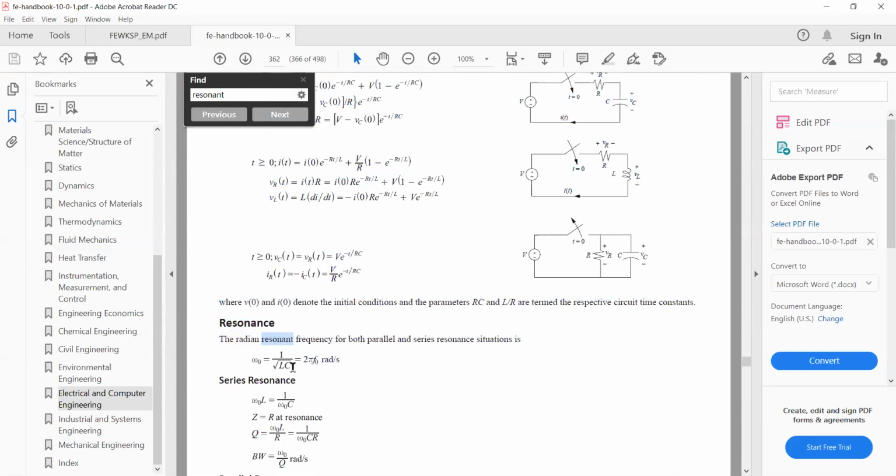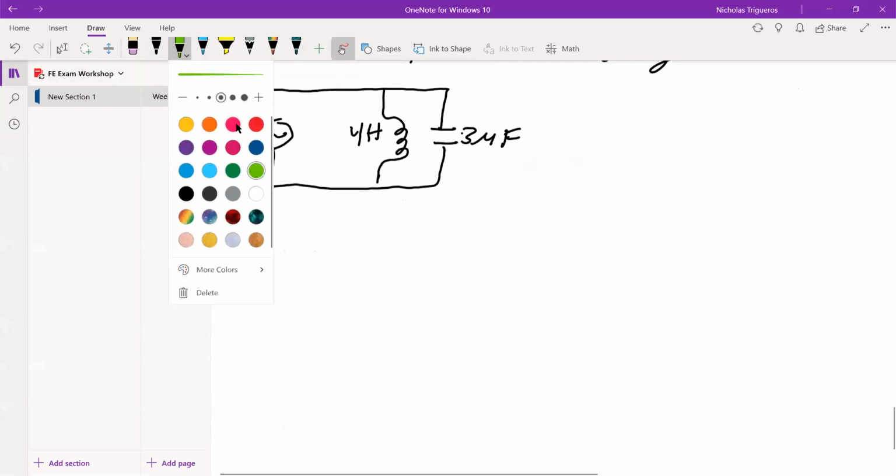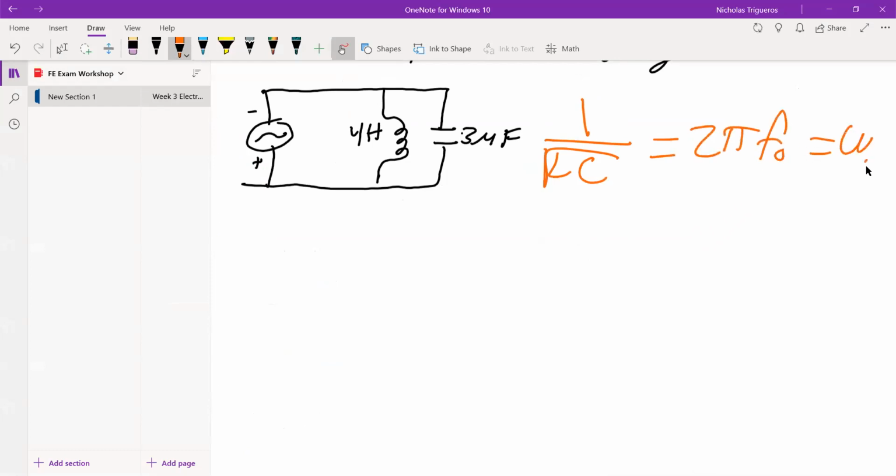1 over square root LC equals 2 pi frequency 0, which is this omega 0.